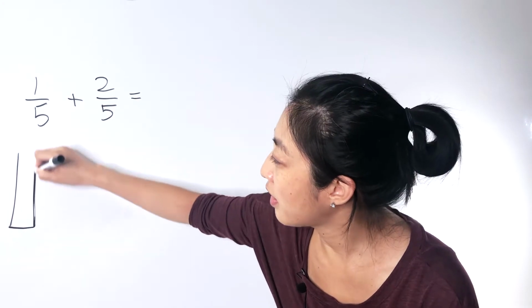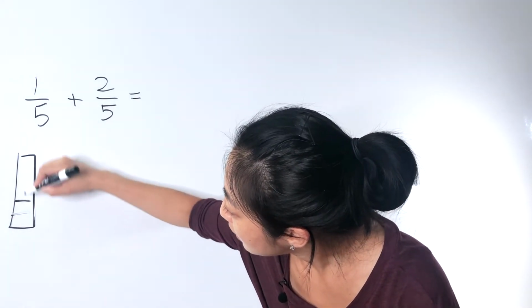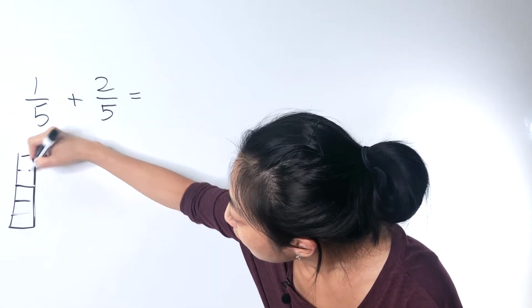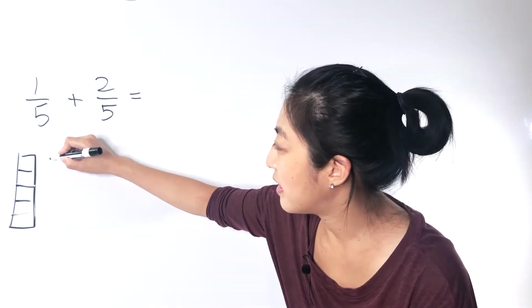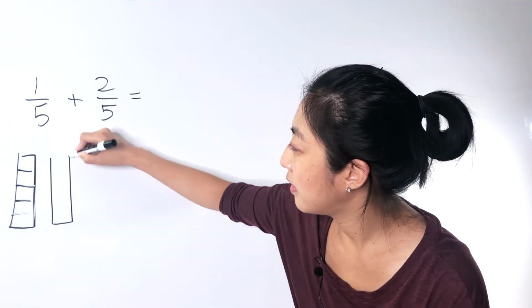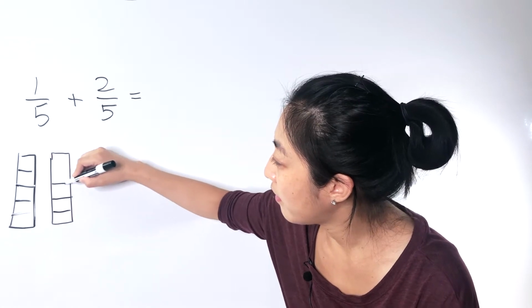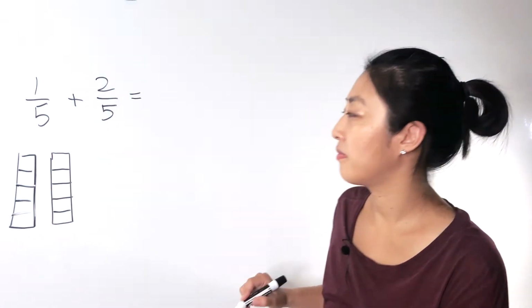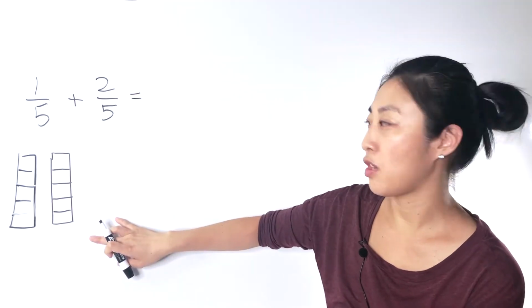Here's my chocolate piece, and you can break it up into 1, 2, 3, 4, 5 pieces. Then I have an identical one. That's one whole chocolate bar that you can break into 5 pieces, kind of like the Toblerone type chocolates.